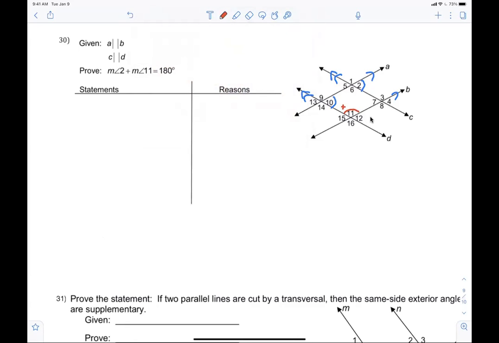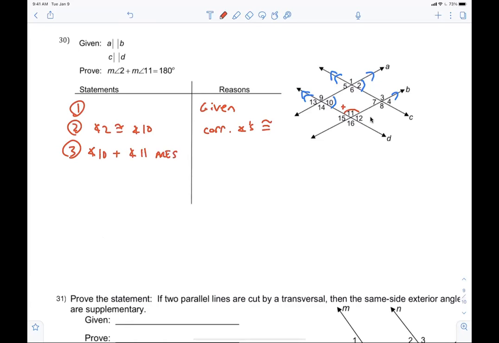True. All right, so let's go ahead. Number 1 was the given. Number 2, he said that angle 2 is congruent to angle 10, and that was corresponding angles are congruent. And then we're going to say angle 10 and angle 11 are supplementary because consecutive interior angles are supplementary.